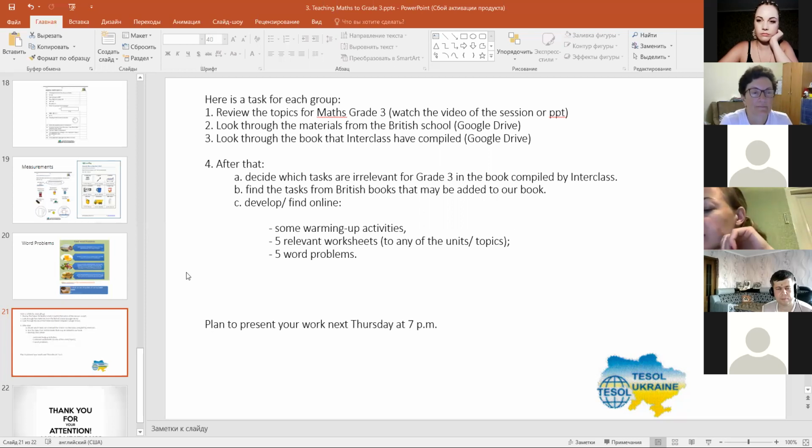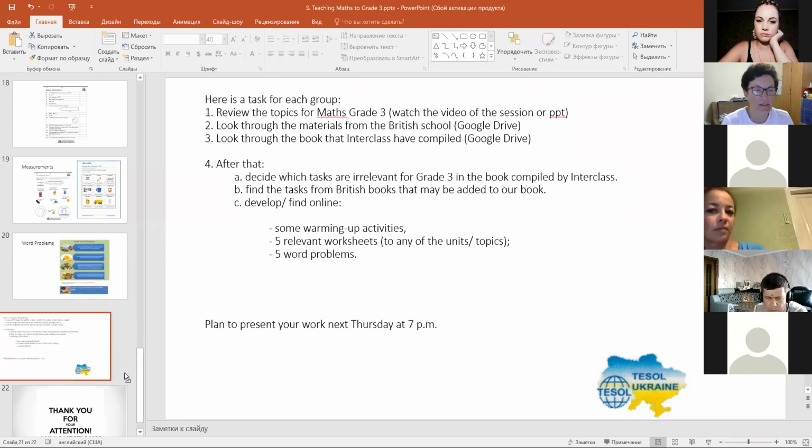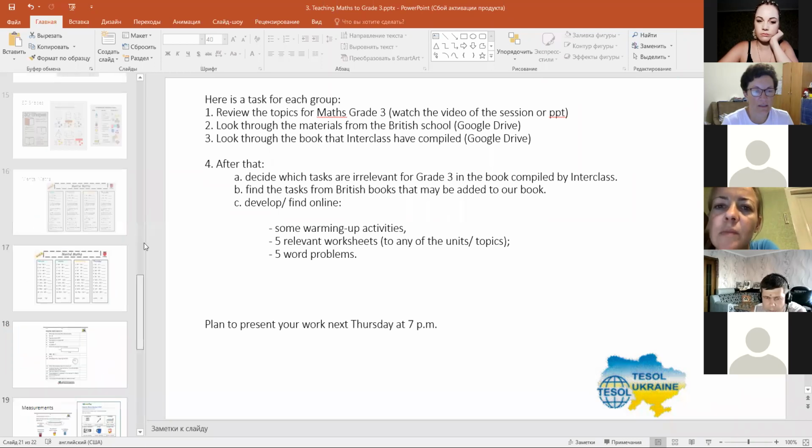Okay. And speaking about fractions, maybe before them we should discuss ordinal numbers. Absolutely. Yeah, like you look through this table.